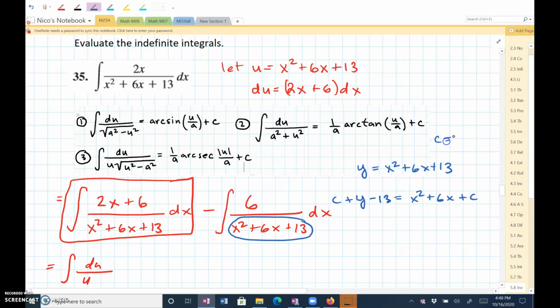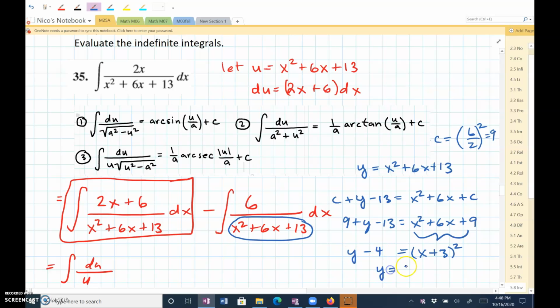Then to find c, I'll take half of 6 and square it, which would be 9. So now everywhere there is a c, I will replace that with 9. This factors into x plus 3 squared. This becomes y minus 4. So y equals x plus 3 squared plus 4.